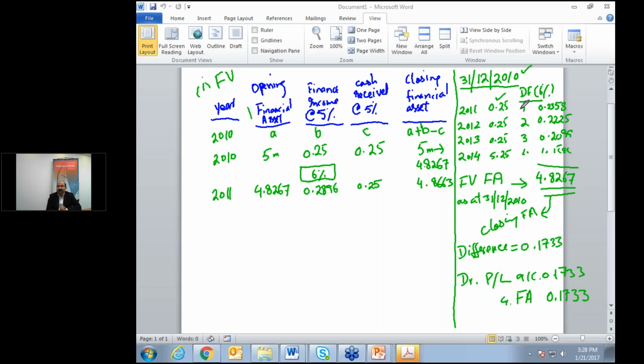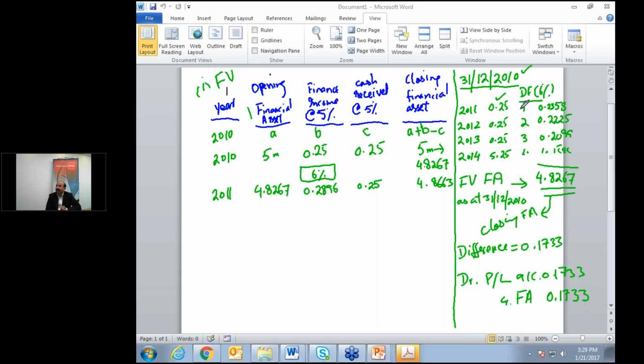The amount which you will receive will remain the same in case of a fixed interest rate, but every time the market interest rate moves, you will have to adjust your financial asset. It could be upward, it could be downward. For example, in this case, because the market interest rate is increasing and this financial asset is offering only 5%, from a financial management point of view, this bond has become less attractive.